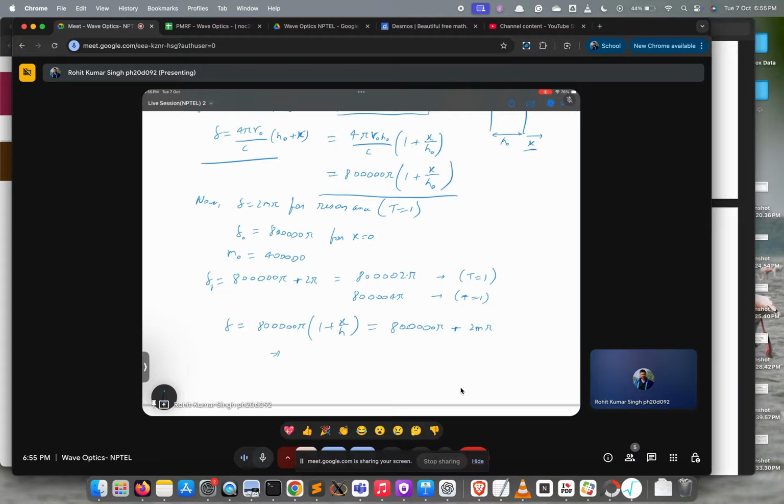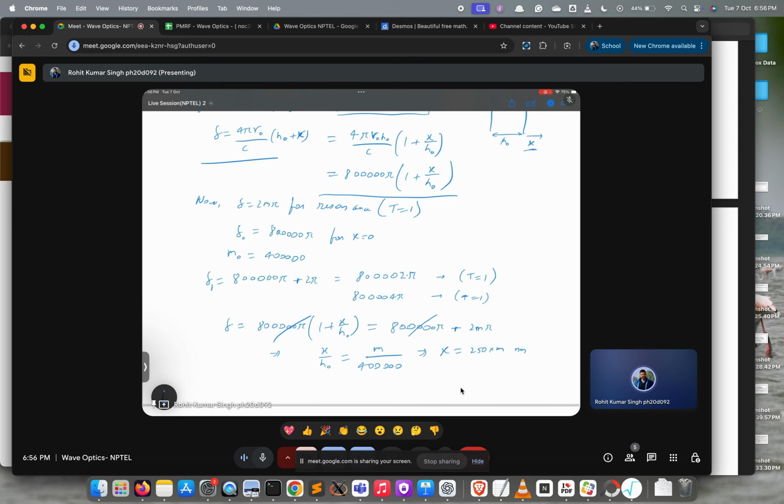So when you solve it, this cancels out here, right, and you will get this, okay, and from here you will get 250 into m, okay.